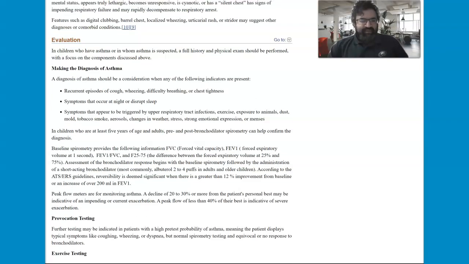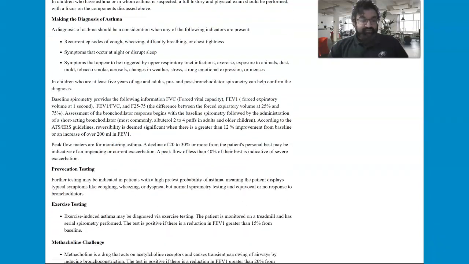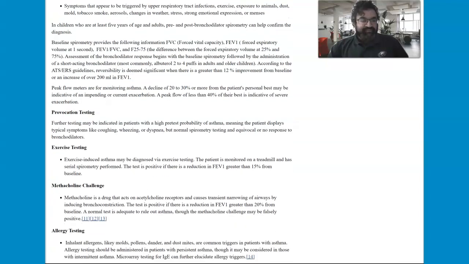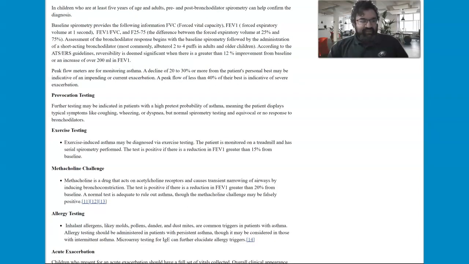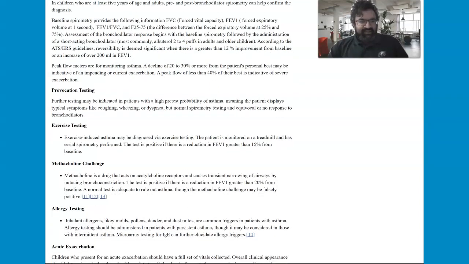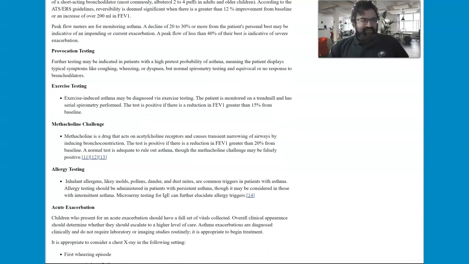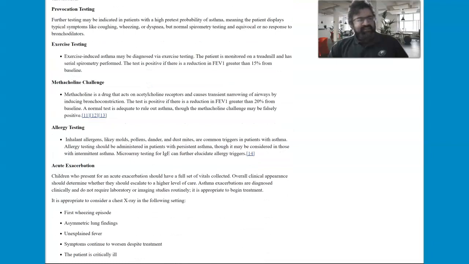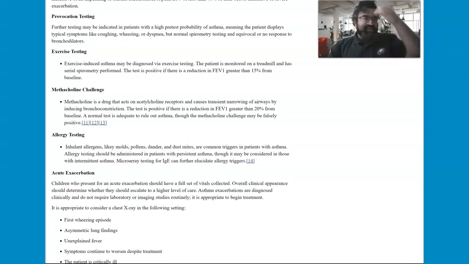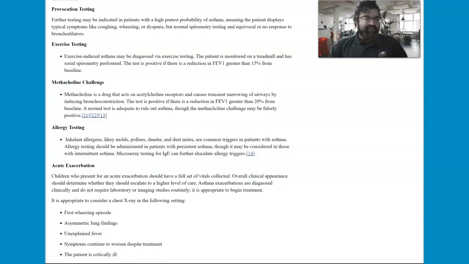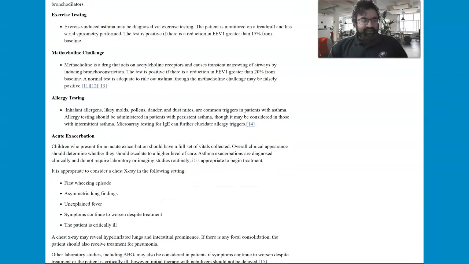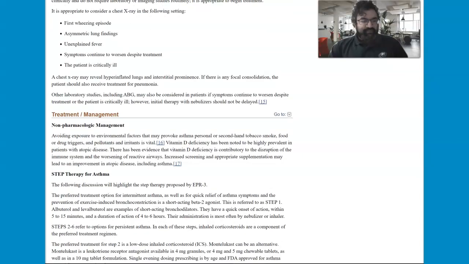Two to four puffs in older children and adults does the trick, and greater than 12% improvement in forced expiratory volume at 1 second divided by forced vital capacity is positive. There are also provocation tests to see if asthma develops: exercise test, which is relevant because exercise-induced asthma is something I have personally, methacholine challenge, and allergy testing.